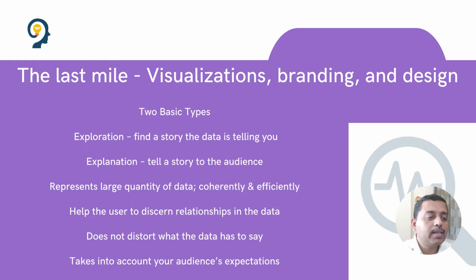So the first part is exploring and the second part is explaining. Exploring means analyzing data to see if we have any patterns, anomalies or trends, finding that story. Explanation is where you actually start telling the story, and that is where visualization comes into the picture. So let's study and understand this visualization.